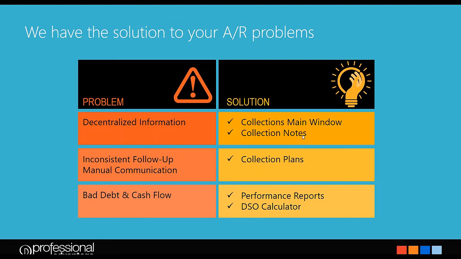So collections management adds value with number 1, the collections main window, which is really the command center for this product, and it's great for ad hoc inquiry. You can use the main window for tracking and creating notes, setting up follow-up tasks, and creating actions on invoices such as promises to pay, or maybe it's even in dispute.